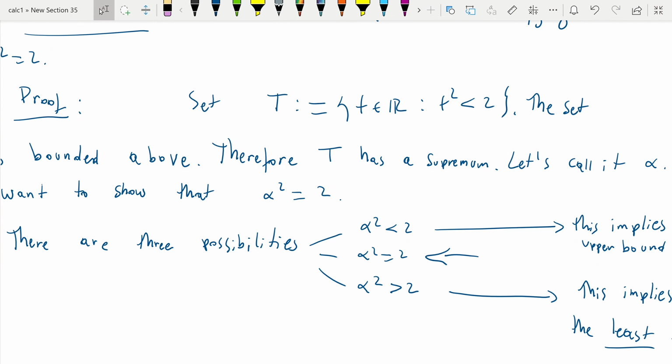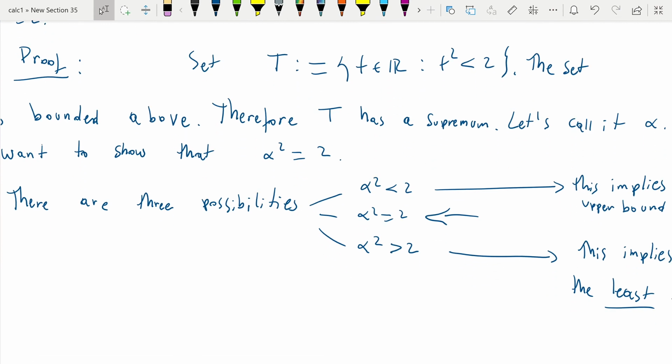We can proceed in the same way to show that the supremum of that set must satisfy that its square is equal to the number x. And so that's all we have to say about the construction of square roots.